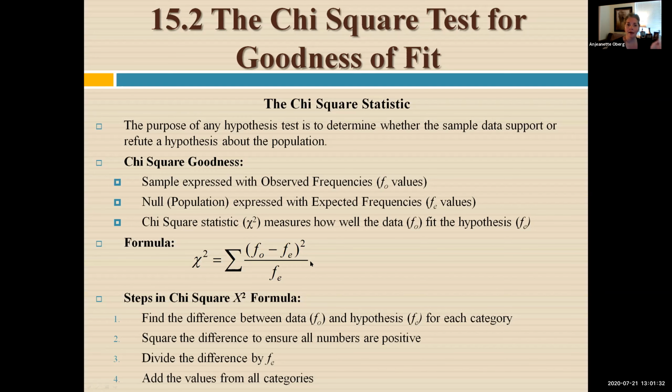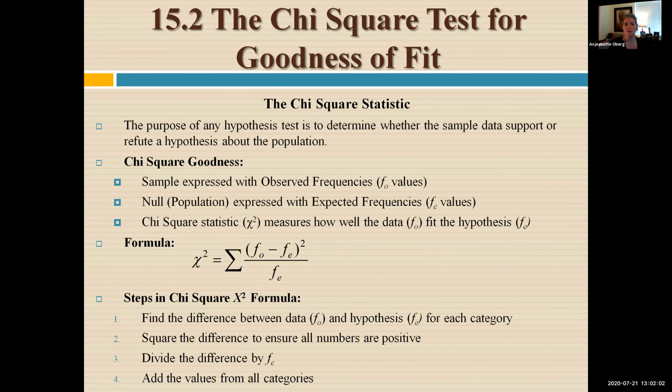You do that for every category that you have. So category A, you take your observed minus your expected, square it, plus your observed for category B minus your expected for category B, square it, plus your observed for category C minus your expected for category C, square it, okay? Add up all those and divide by the expected, oh, excuse me.